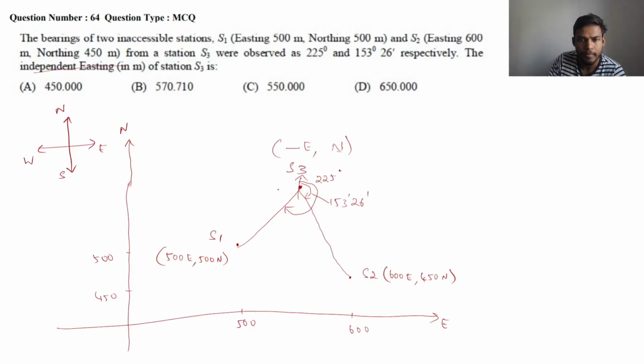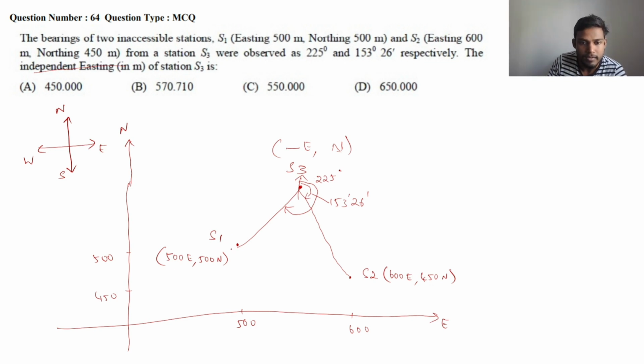First of all, let's plot the northing of S3. With respect to S1 and S2, we will find the northing of S3. So S3 is above S1 and S2. We found this with the help of the given angles.